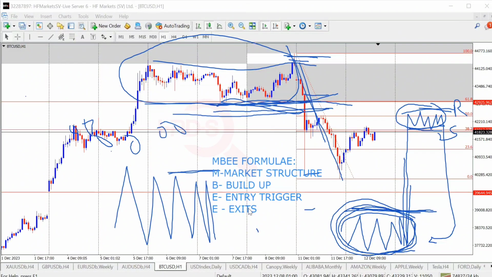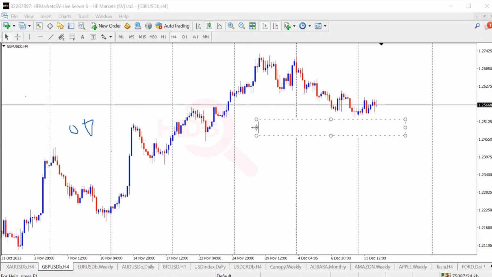Let's move to the third formula that you can use to make money in the Forex market without using any form of indicator. As a matter of fact, this is the best strategy you can use. Yes, let's move over to it. So what is this third formula that I'm going to teach you right now?